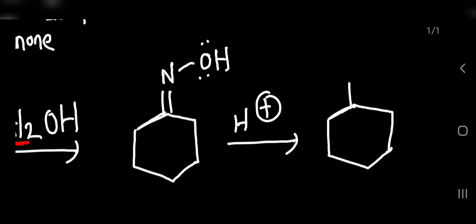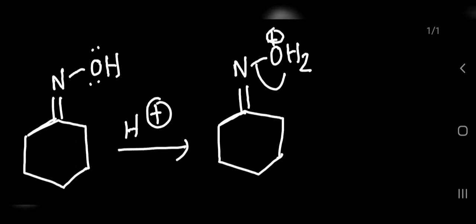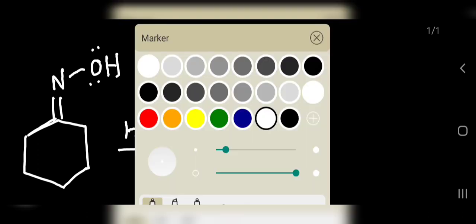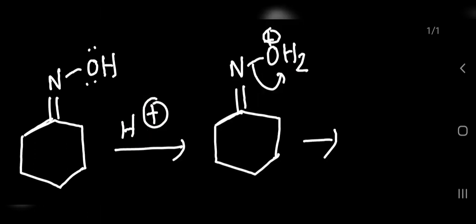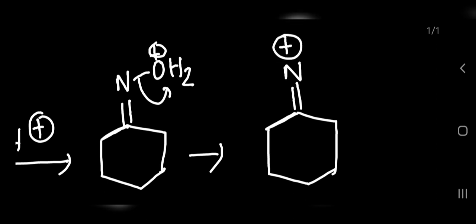Then NOH2, and here there will be the positive sign. After that, this water molecule will leave, and then there is a formation of electron deficient nitrogen, double bond N plus.